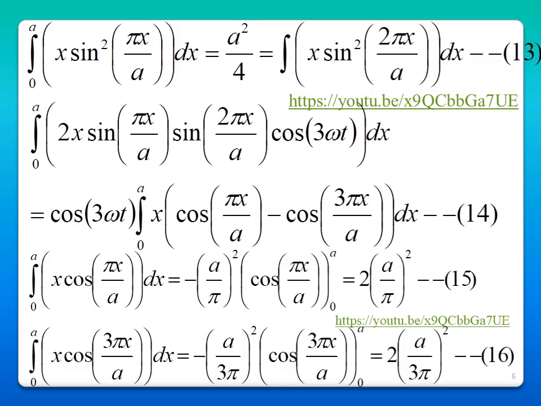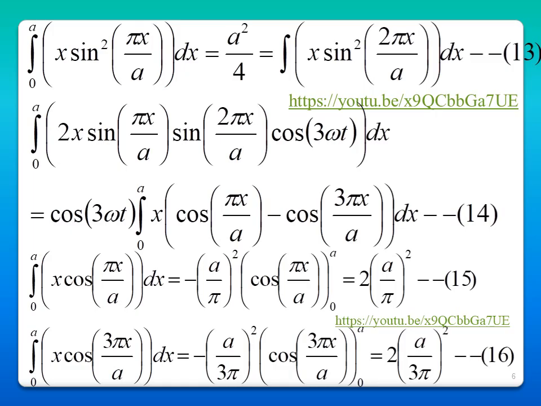Now we have to find the last term. So the last term is the integral from 0 to a of 2x sin pi x by a sin 2 pi x by a cos 3 omega t. This 2 sin pi x by a sin 2 pi x by a can be written as cos pi x by a minus cos 3 pi x by a. That is, you have to use the cos A plus B formula and cos A minus B formula.